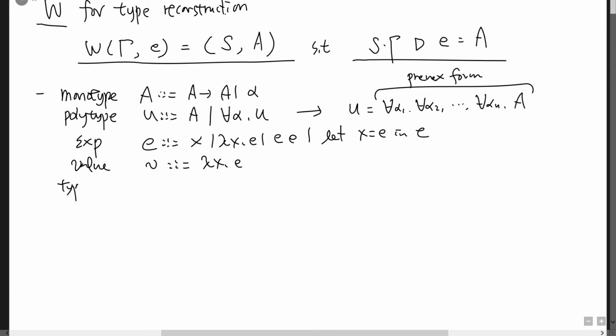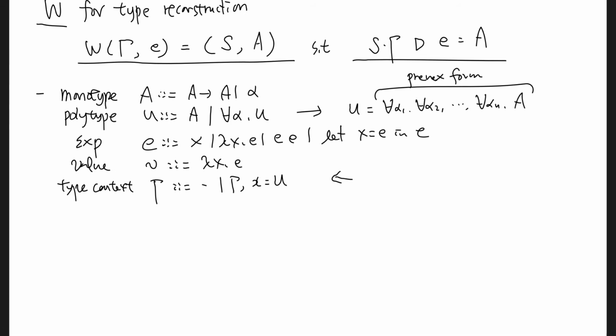Typing context. Typing context gamma is either empty or an existing typing context gamma extended with a new type binding. Notice that unlike the previous formalism like let polymorphism, we don't have this type variable declaration in the set of typing context.